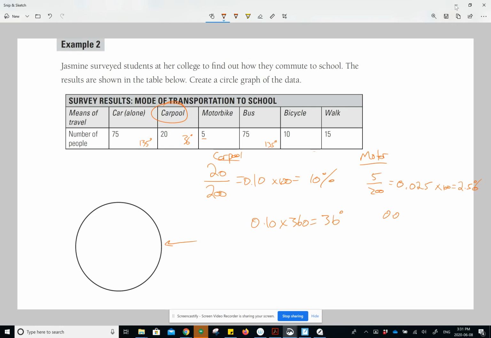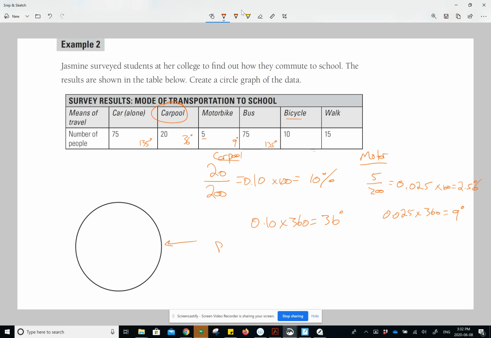So if I take 0.025 and multiply by 360, I get 9 degrees. Error, not 9%. 9 degrees. And so again, I will use 9 degrees for my motorbike section.